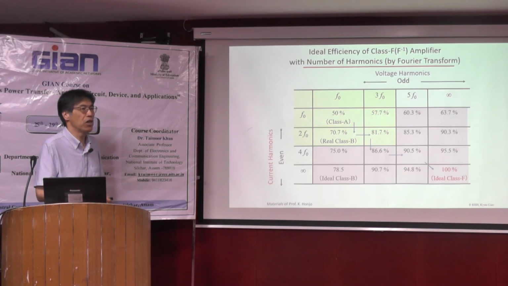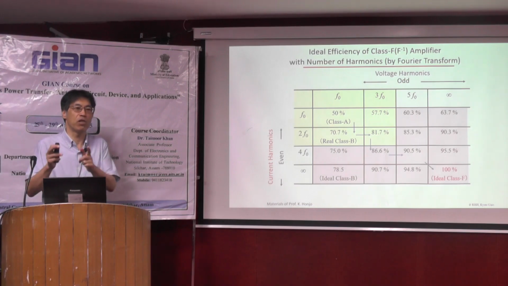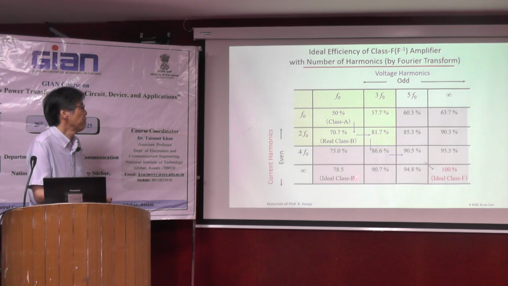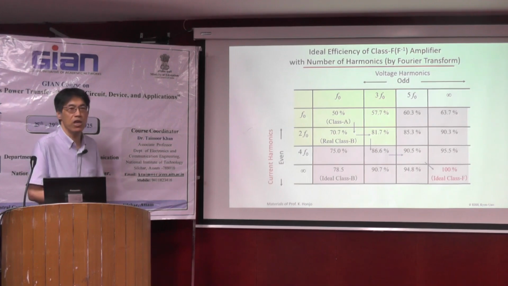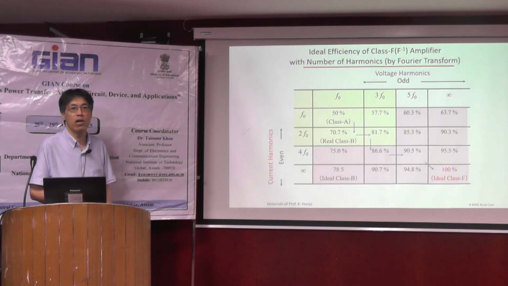And additionally, we add the quarter-length distributed line and the resonator, and this class B operation moves to class F here, with the help of the odd harmonics of the voltage. So at last, we reach theoretically 100%. Of course, this is the ideal case.